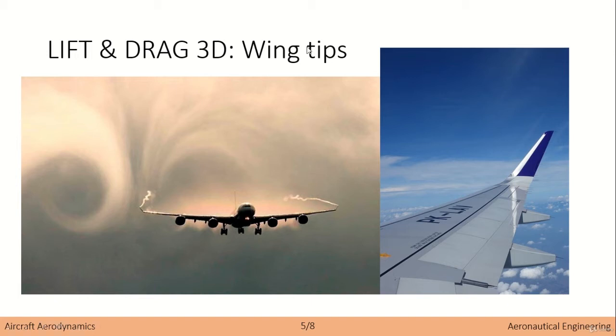So what we do is we actually add wingtips, right? It's quite a simple solution to the problem. And what it does is it just separates the high pressure from the low pressure in this continuum, okay? And therefore we will have the same pressure over here, but we will remain with some difference of pressure, okay, even to the wingtip.